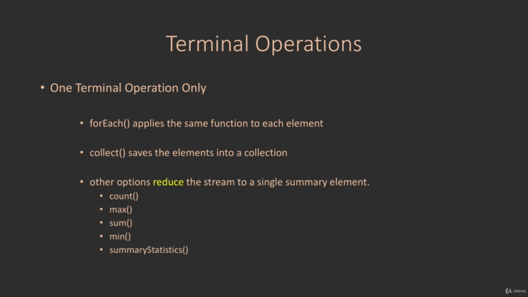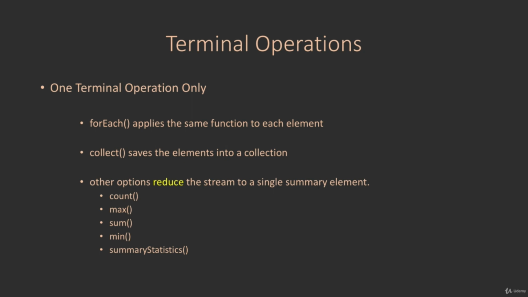Terminal operations are the thing that pretty much ends the stream. It terminates it. There is a looping mechanism that we'll talk about in the code, called forEach, which applies the same function to each element within the list of data that we're working with. And collect is another function. It's a terminal function, of course, and that basically saves the elements into a collection.